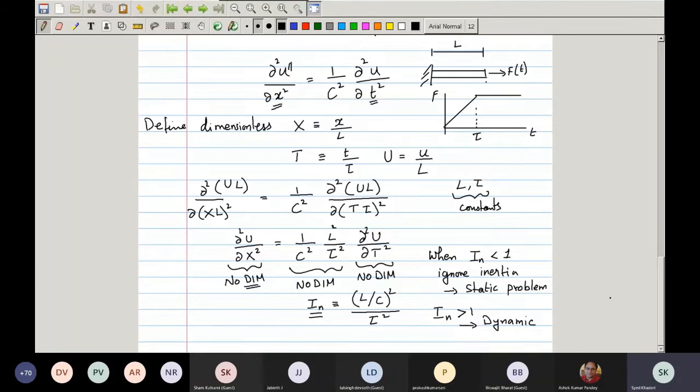Like you have a Reynolds number in the fluid mechanics domain, we have something called an inertia number. In the solid mechanics domain, unfortunately, solid mechanics is quite boring compared to fluid mechanics, at least from a classical BTech curriculum point of view. Fluid mechanics has streamlines, streak lines, vortices, sources, sinks.